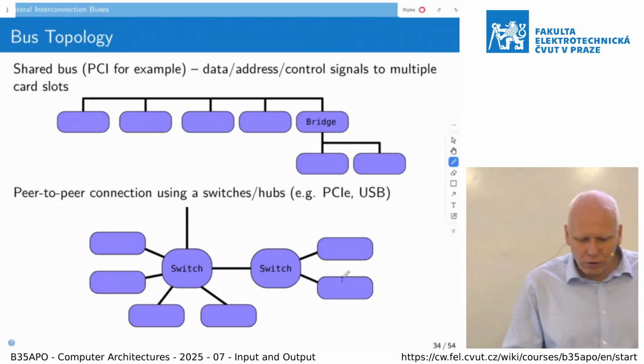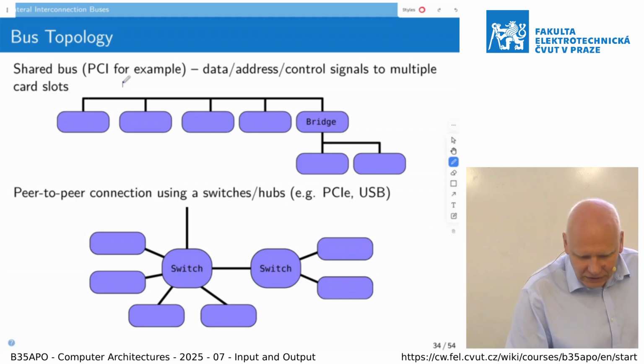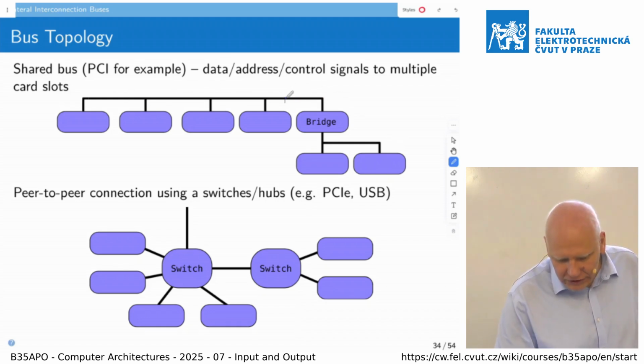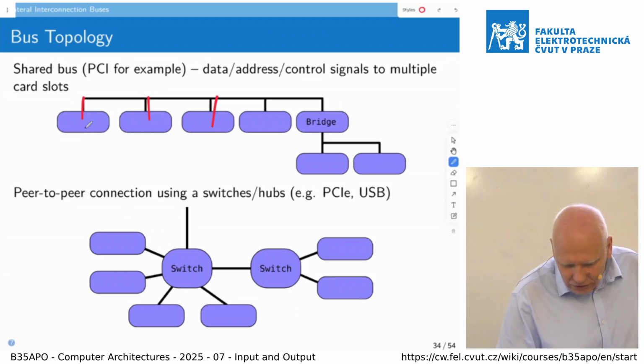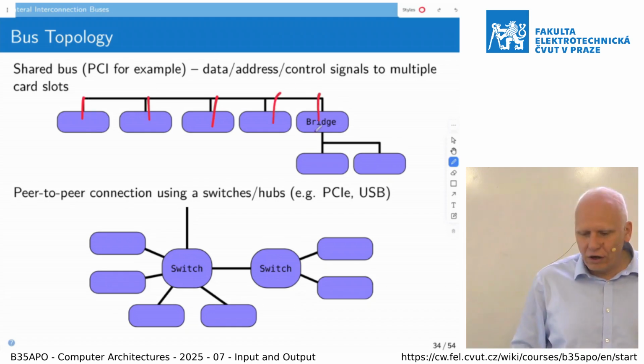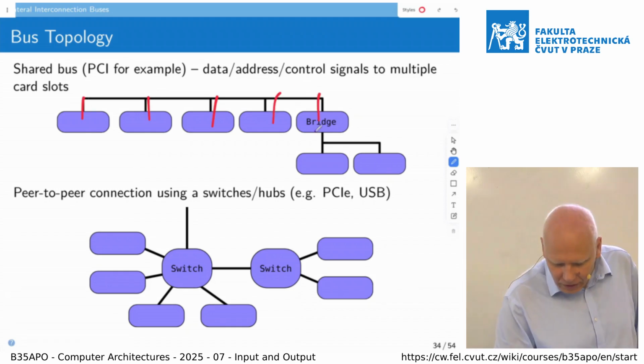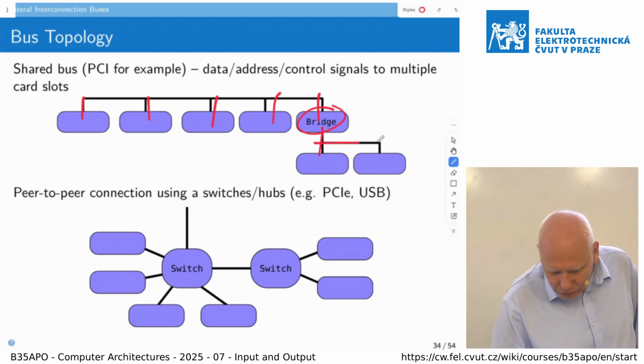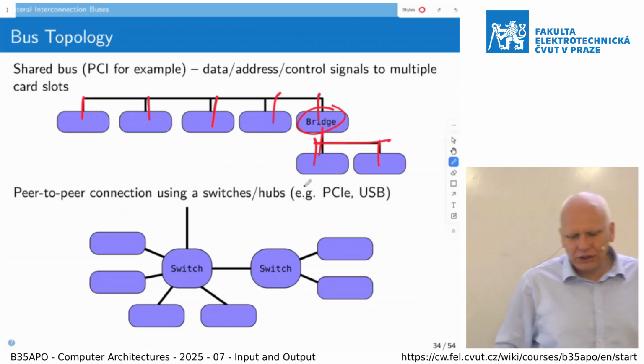Okay, if we go to the PCI, then it is the shared bus, where we share the data lines and address between all the peripherals on the given level of the bus. Then we can have there the bridge, which gets us to another bus with shared signals.